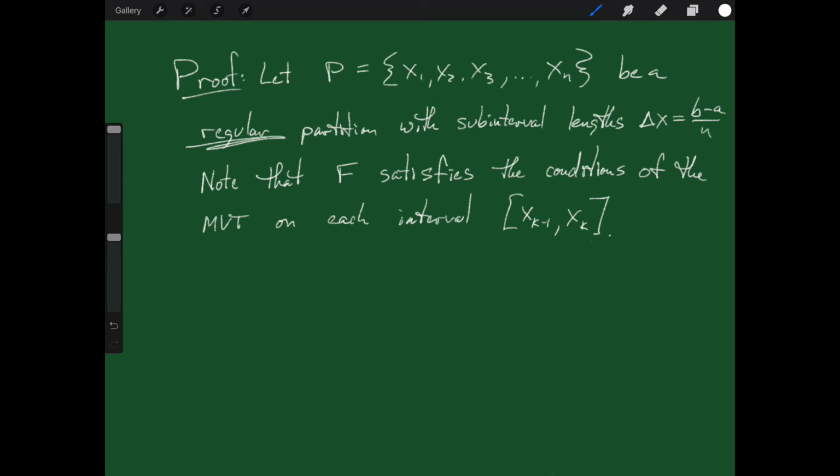Okay, so what we're saying is that the mean value theorem works all over the place on this function, and specifically it works where the endpoints are the edges of our partition.